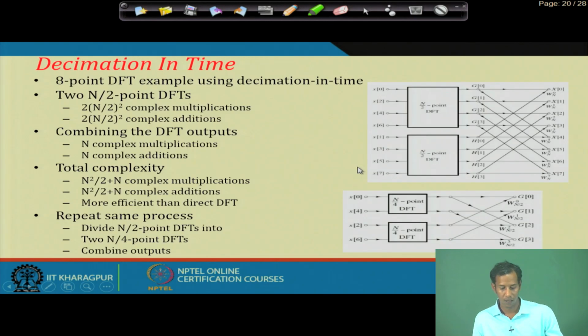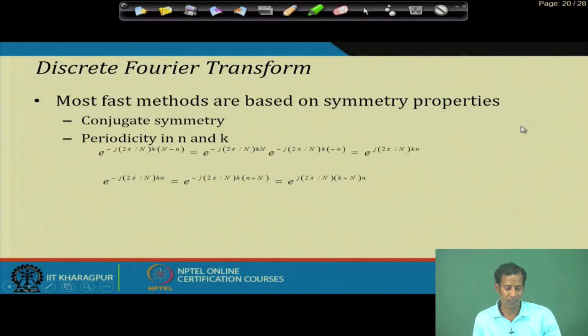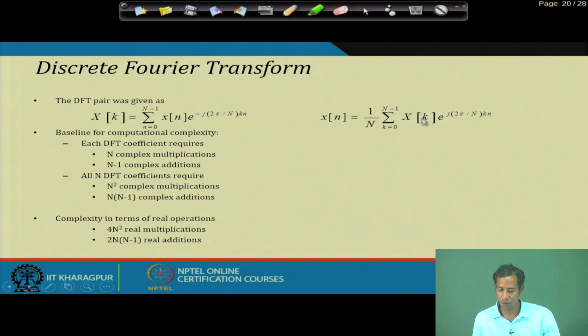After dividing these coefficients into even and odd, we can do the butterfly operations, which are related to the twiddle factor multiplications, involving the term e to the power j 2 pi by n into k n.